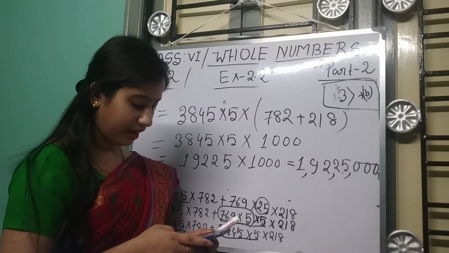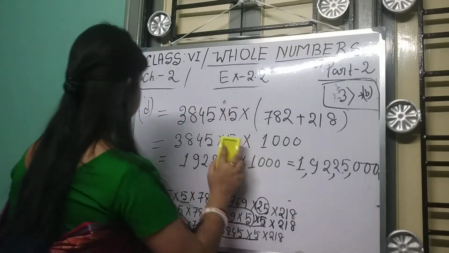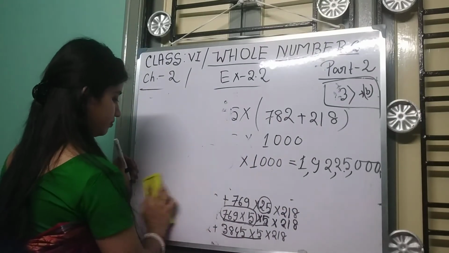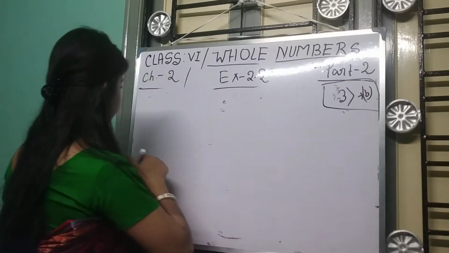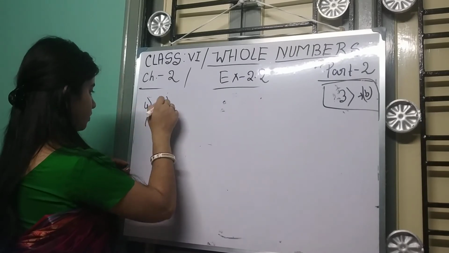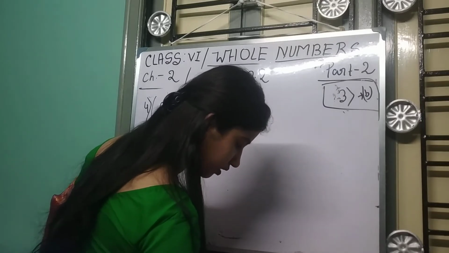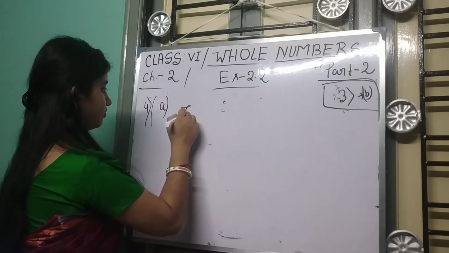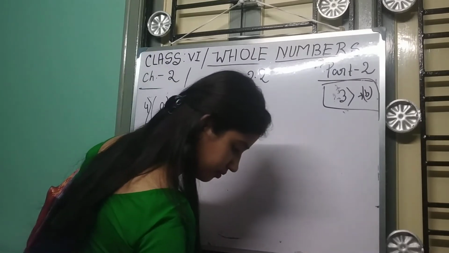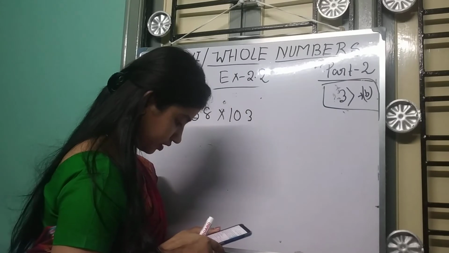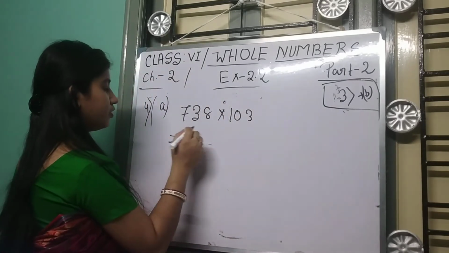Now next, number 4. Find the product using suitable properties. It is given 738 into 103.